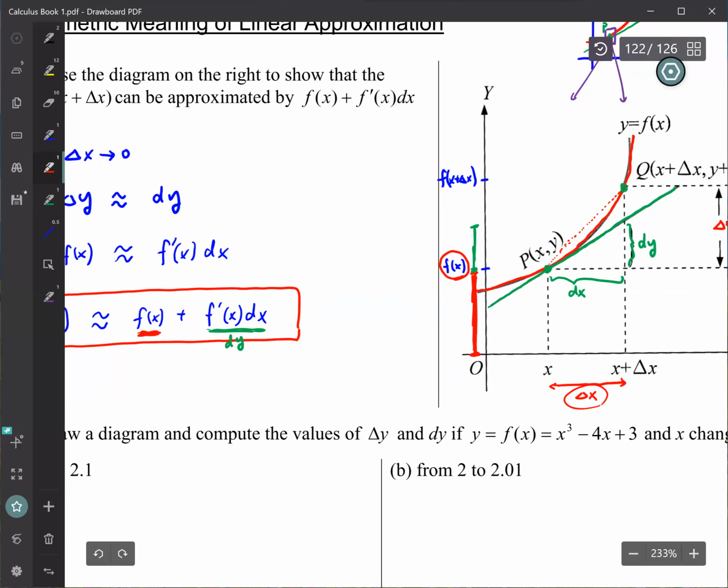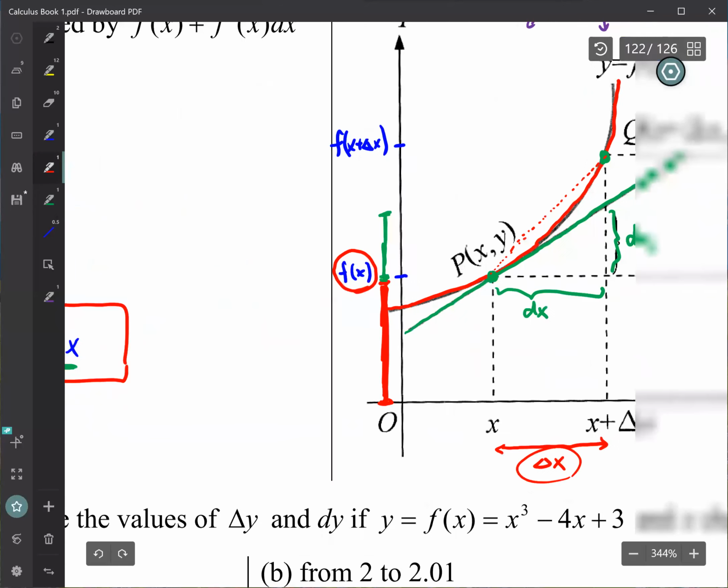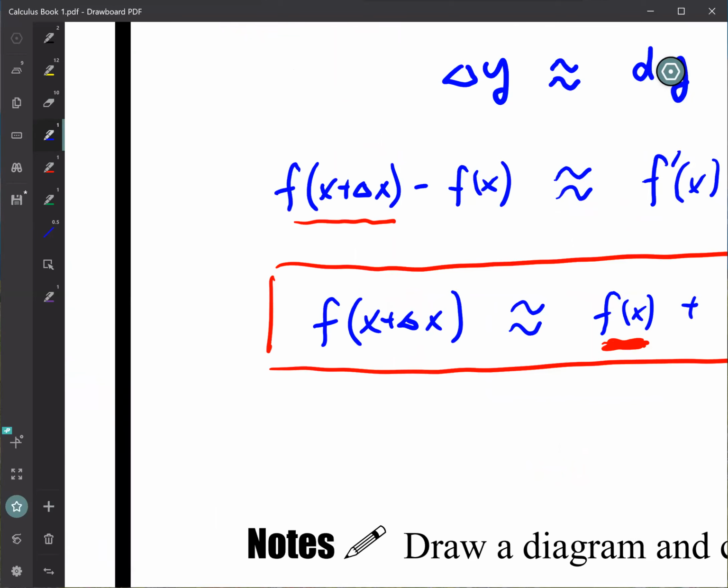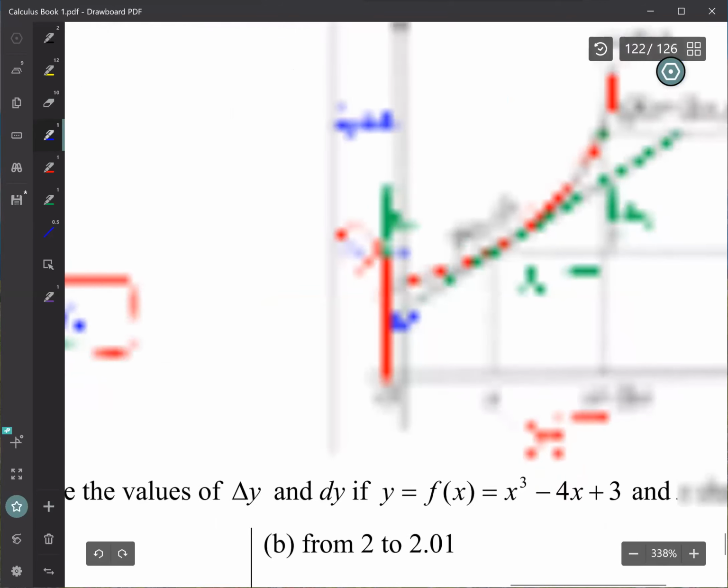We are looking at the y-axis right now. And then the dy is the green part. If you add those two together, it will be almost the same as f of x plus delta x, which is this part.